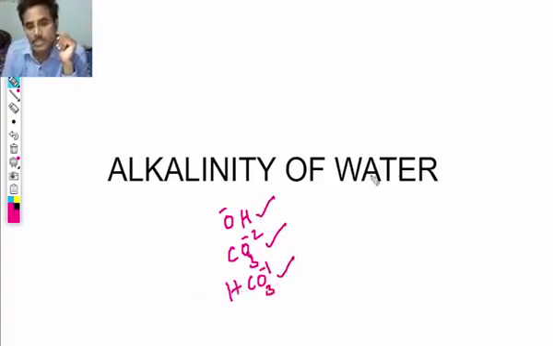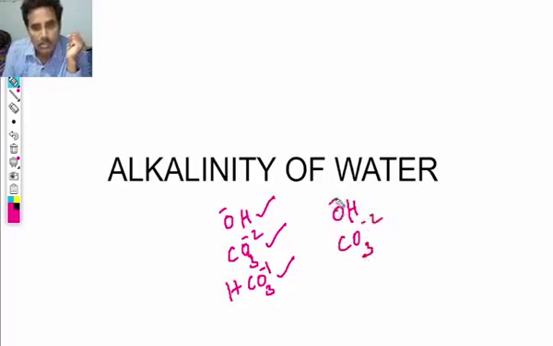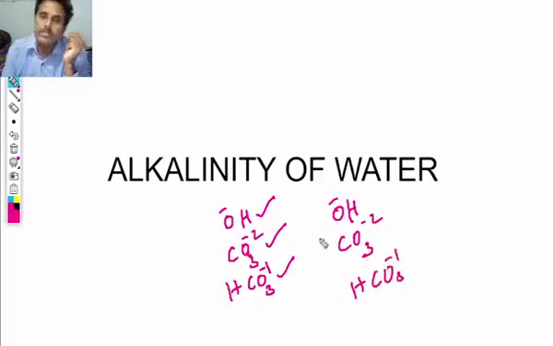Out of these 3 ions, the alkalinity may be caused by only hydroxyl ions, or only carbonate ions, or only bicarbonate ions. Individual ions may cause it, or a combination of the ions may cause the alkalinity.